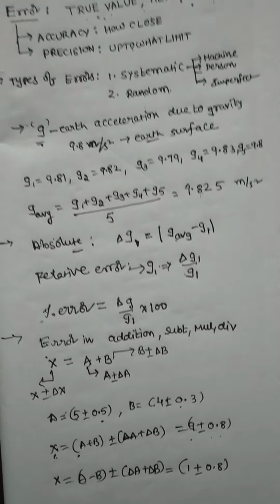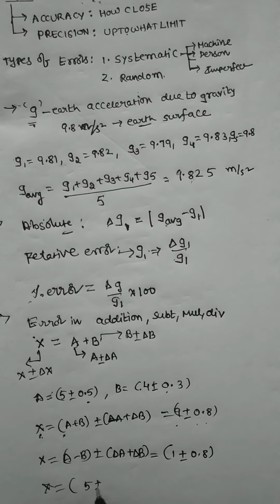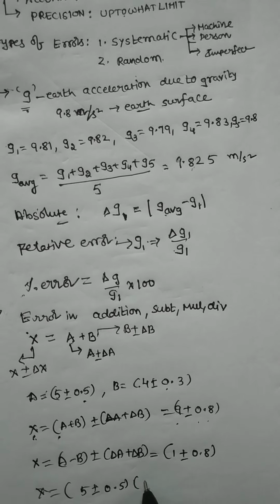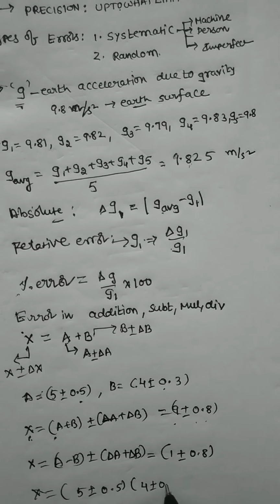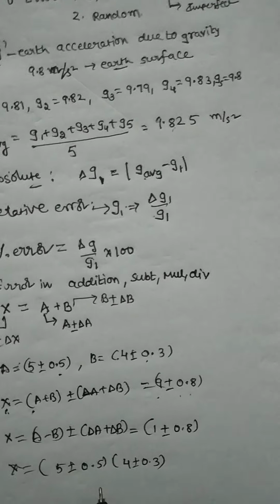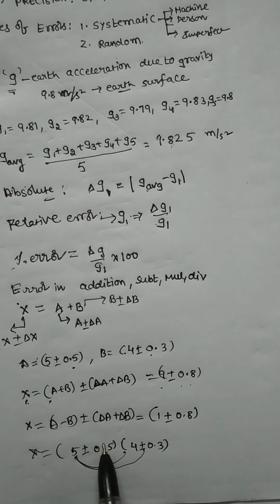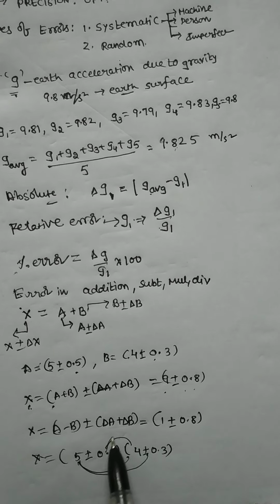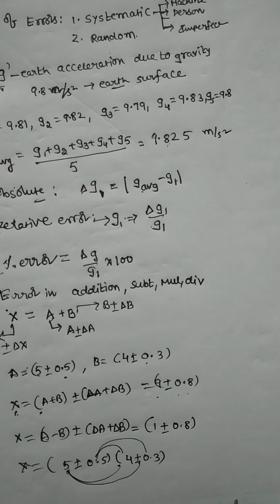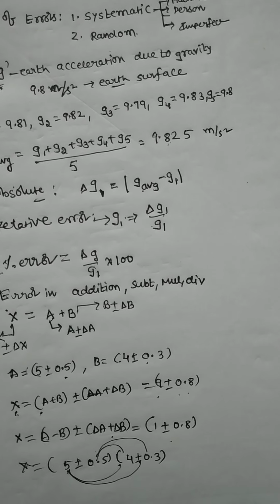What is the multiplication? Multiplication means 5 plus or minus 0.5 multiplied with 4 plus or minus 0.3. So multiply all 4 terms. We will get 5 into 4, 5 into 0.3, 0.5 into 4, 0.5 into 0.3. If it is least, it is neglected.